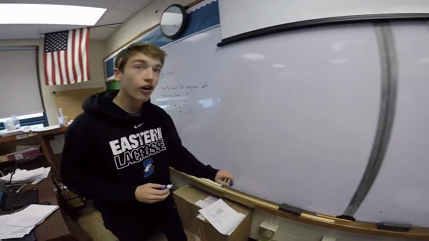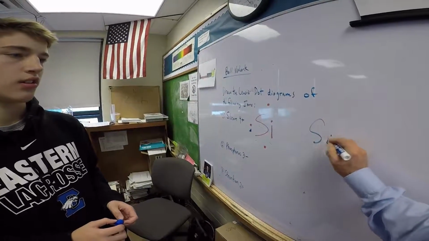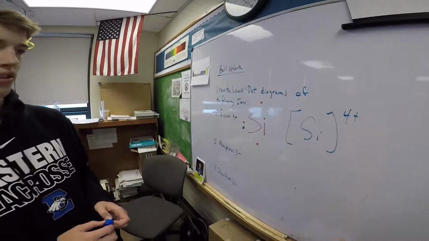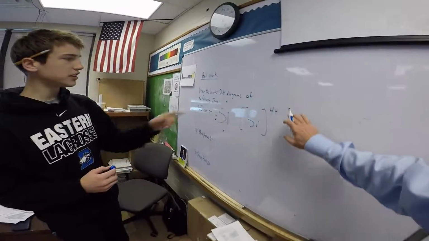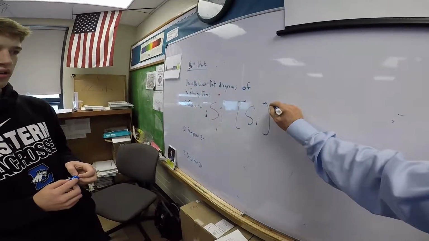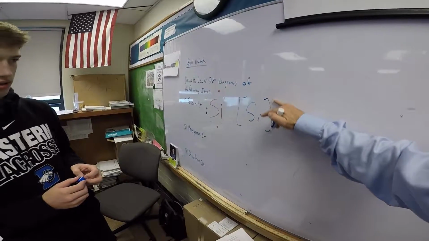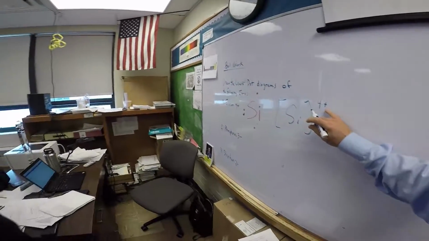When you do the ion, you're going to go Si, brackets, 4 positive. That would be the charge, 4 positive. Now sometimes people write it like this, positive 4. I prefer to write it like this, 4 positive, because it's telling you the charge.